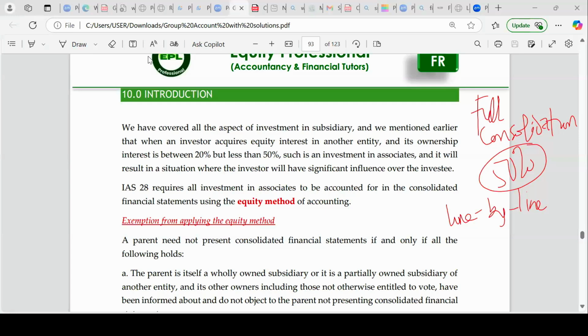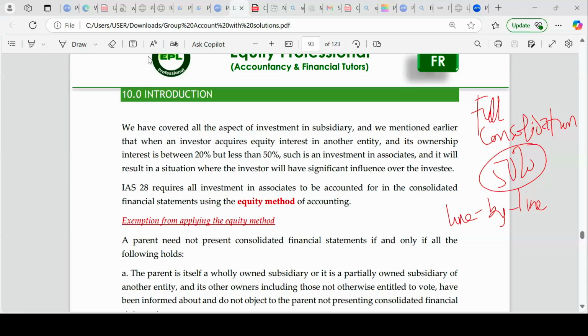We said further that where there is a transaction between them such that there is an account payable balance in the book of one, and for the same transaction there is an account receivable in the book of the other company in the same group, you cancel out as well.